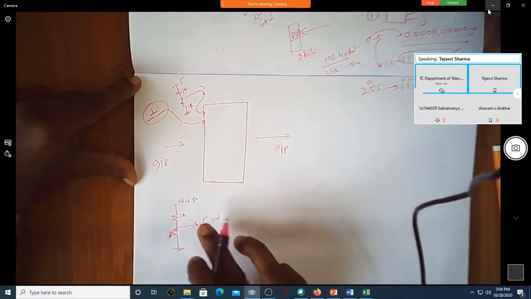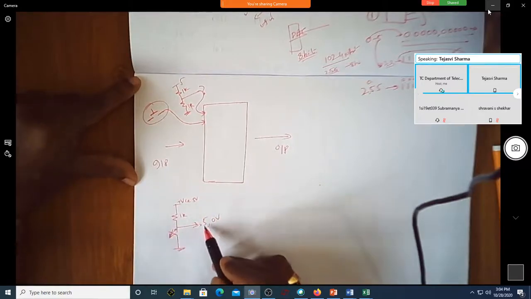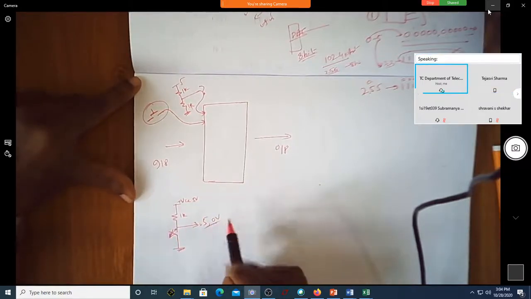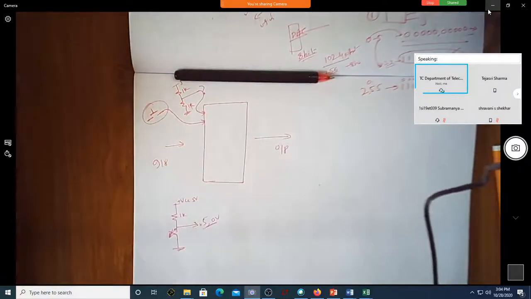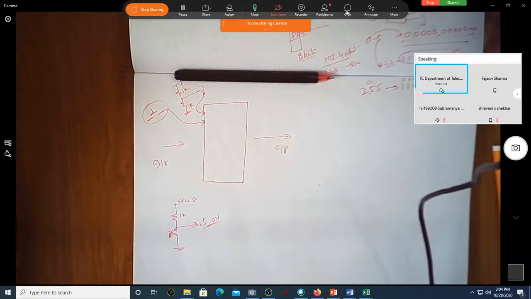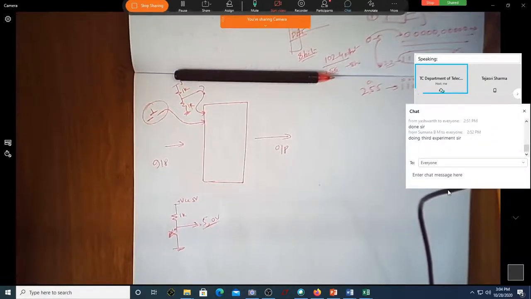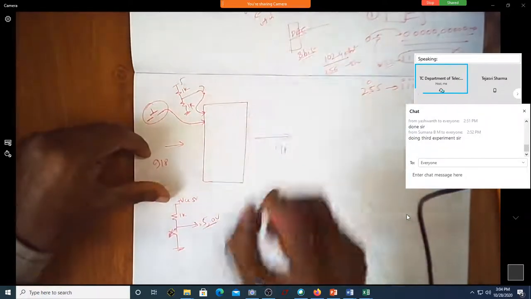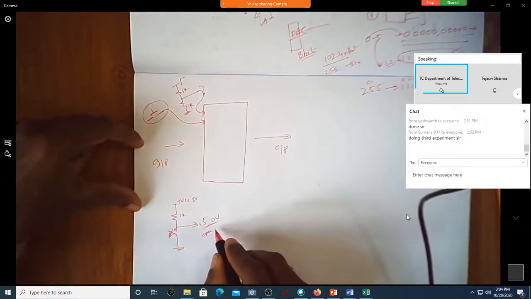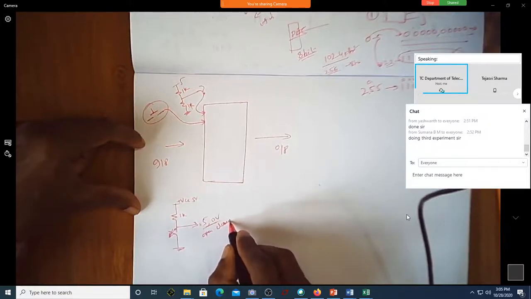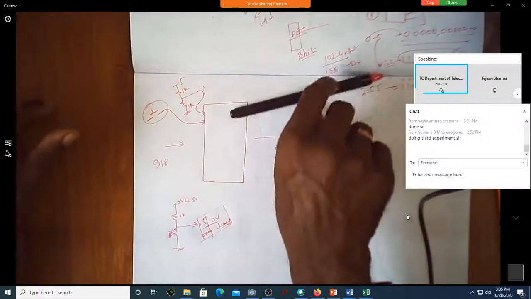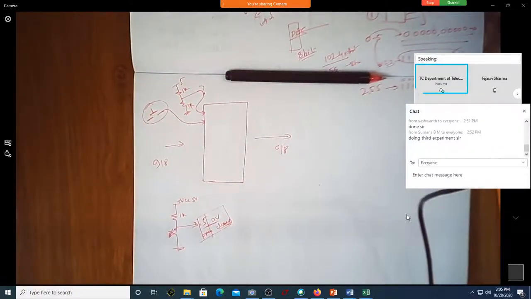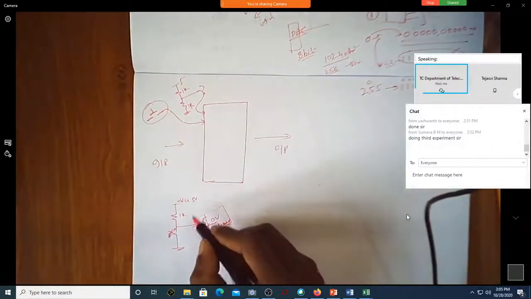How many of you have issues with this: when it is open it is 5 volt, when it is closed it is 0 volt? How many of you are convinced that this is 5 and this is 0 when the switch is open and when the switch is closed? When the switch is open, the voltage here, Vx, is 5 volt.